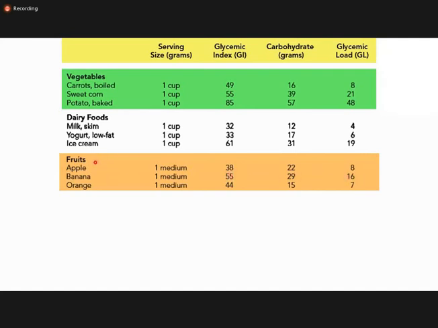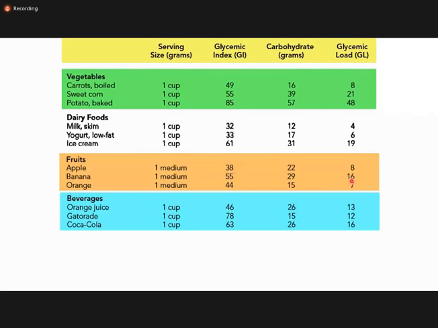So if we compare apple with banana, the banana is having high glycemic index and high glycemic load. Beverages, orange juice, Gatorade, Coca-Cola 16 glycemic load. So the glycemic load is much higher.